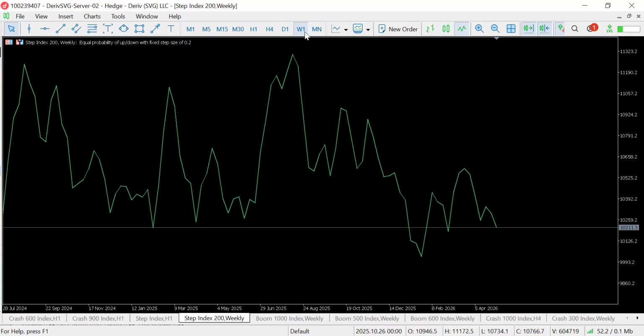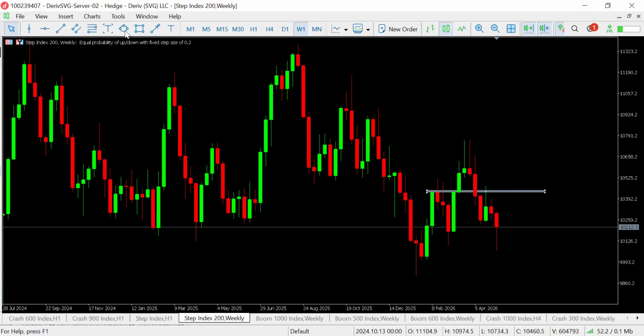Currently, the price tried to do this by giving us a new high. What do I mean? If I were to place a trend line here, an internal trend line here.